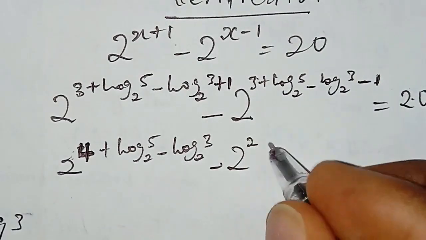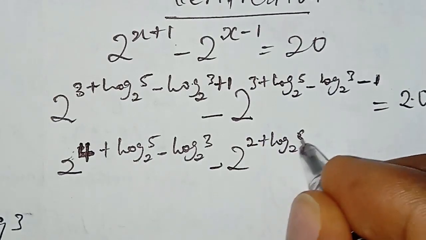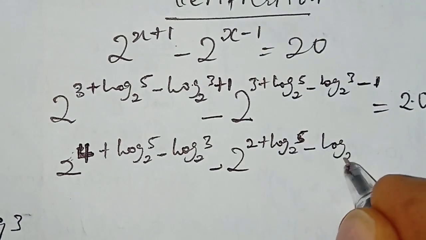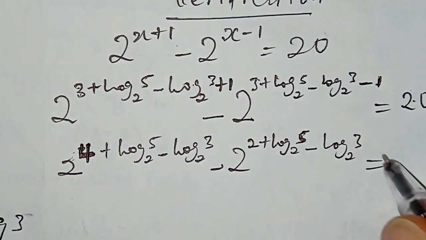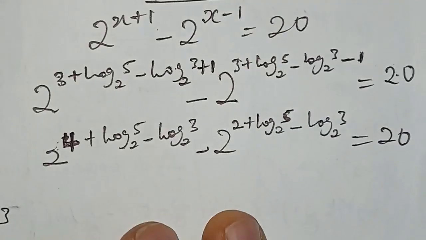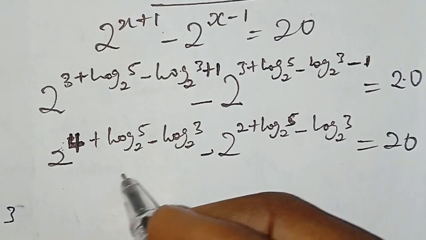So we have 2 raised to power 2 plus log of 2 base 5 minus log of 2 base 3, all equals to 20. So now we have to apply this rule.